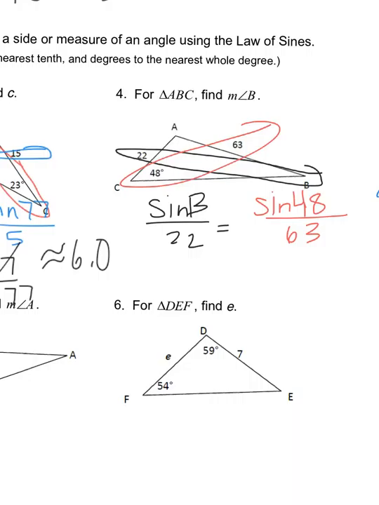So I'm going to divide both sides by 63. So all of this stuff divided by 63 equals the sine of B. Because I'm trying to find the angle, this is when you have to do sine inverse. So in your calculator, do sine inverse, and you put 22 sine of 48 divided by 63. And the answer is approximately 15 degrees.